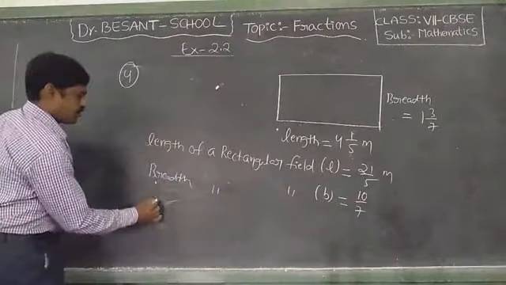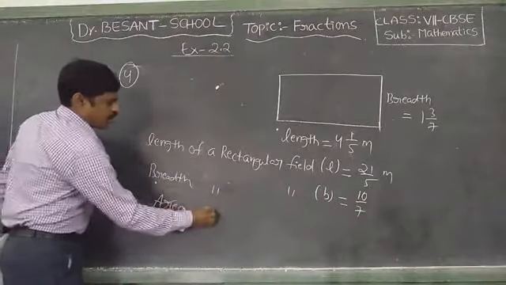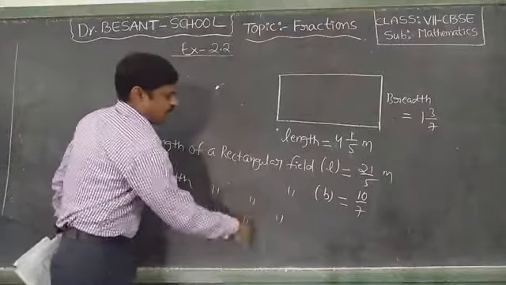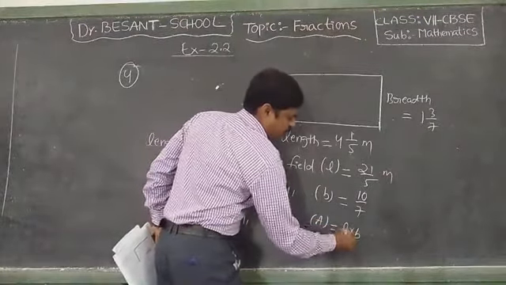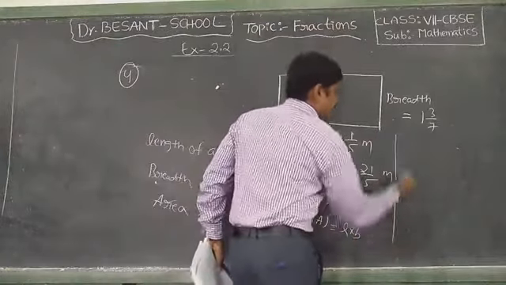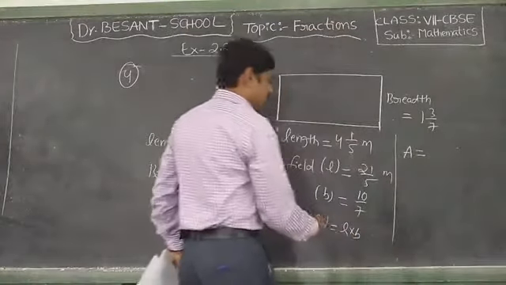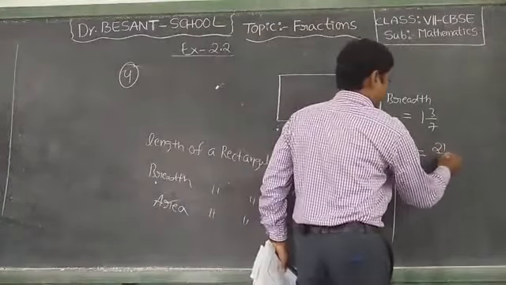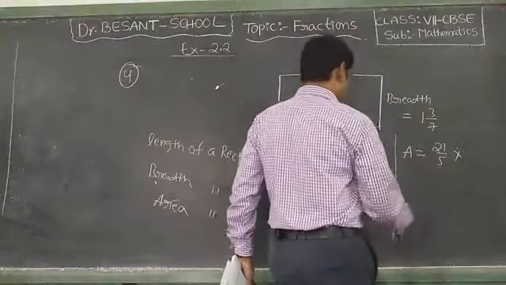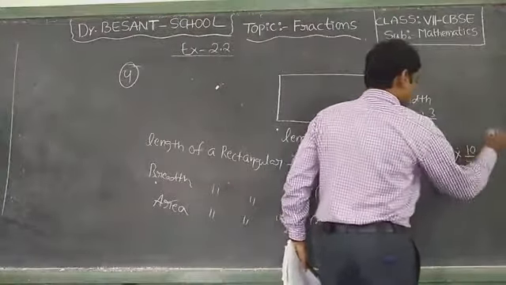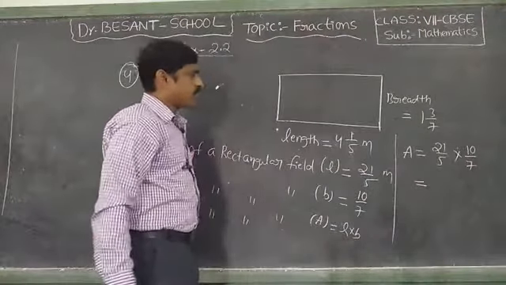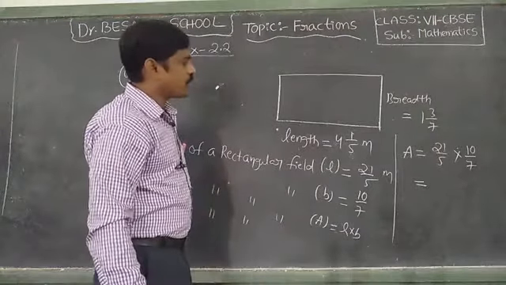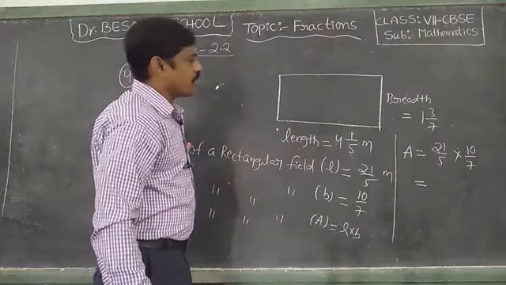So area. Now what is the area of the rectangular field? A is equal to length into breadth. So area is equal to, what is length? 21 by 5. What is breadth? 10 by 7. 21 by 5 into 10 by 7.